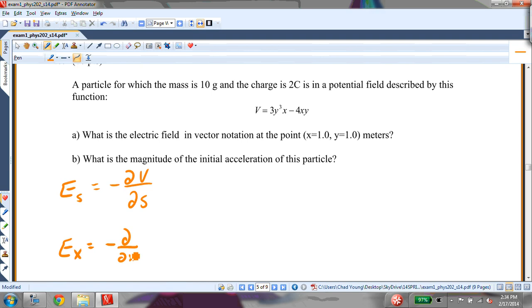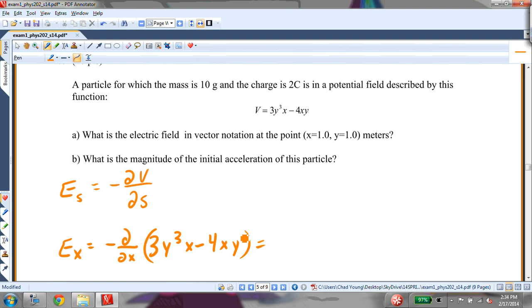That's just the derivative with respect to x of 3y cubed x minus 4xy. Now when you take this derivative, you just treat whatever you're not doing the derivative with respect to, in this case y, as constant values, so you just treat them like numbers.